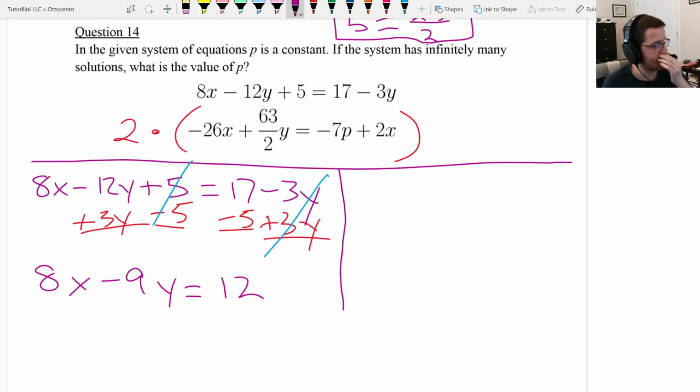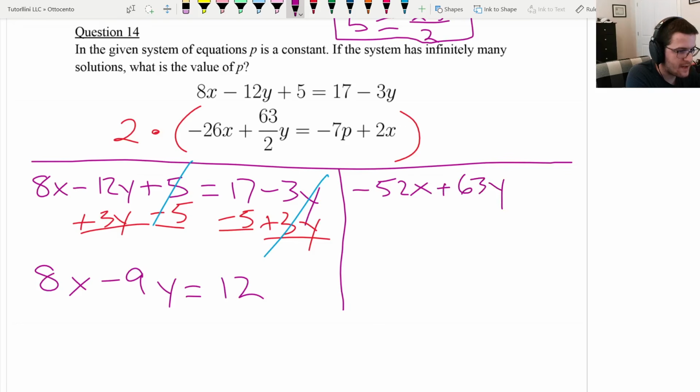So we should get negative 52x plus 63y equals negative 14p and then plus 4x. I'll just put this over here.